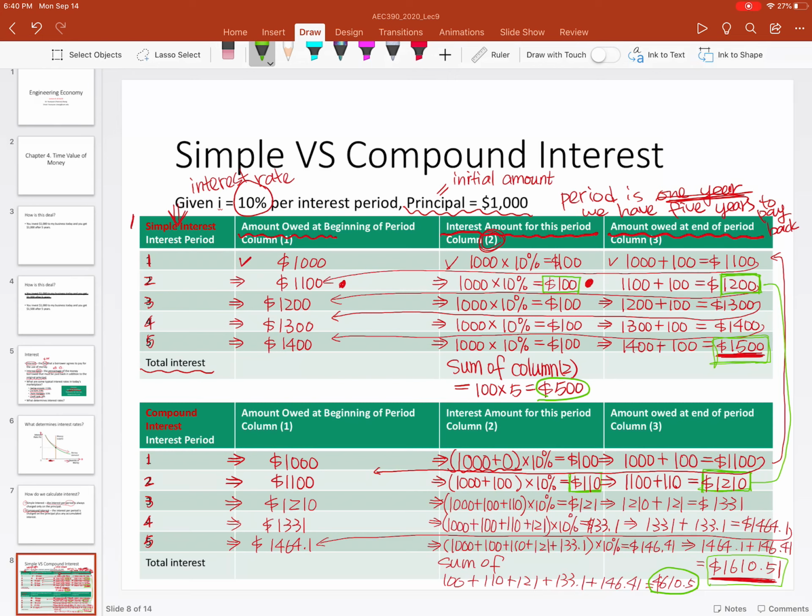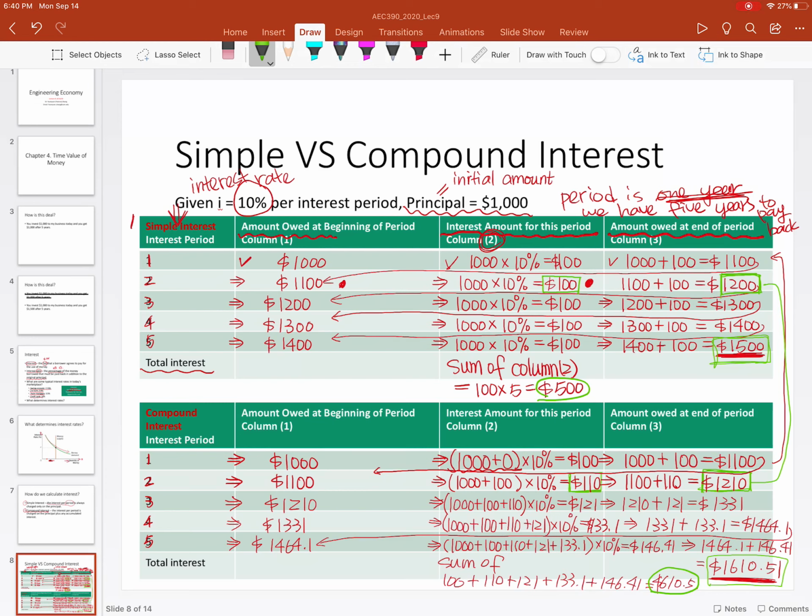Okay, I hope that you can follow this calculation. Yeah, I know it's repetitive, but repeating this process will make you understand the difference between the simple interest and the compound interest, and that will give you a better foundation for the future concepts and formulas.